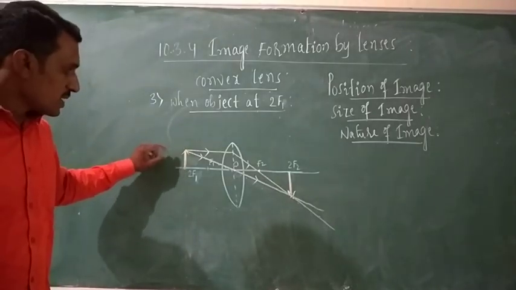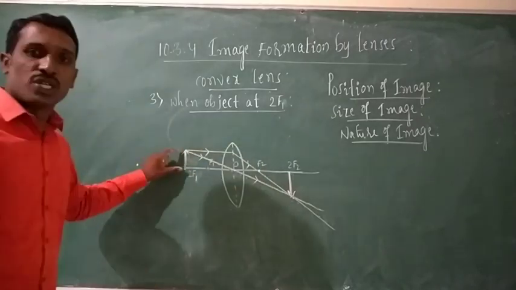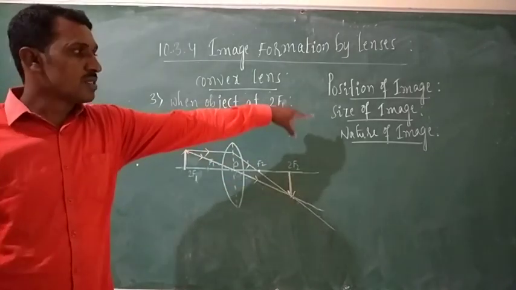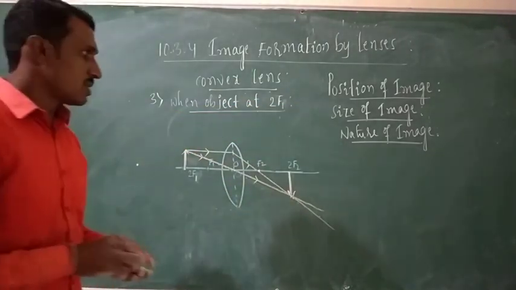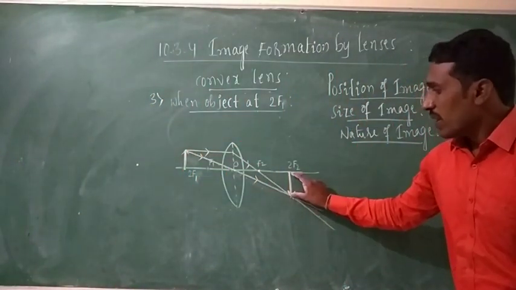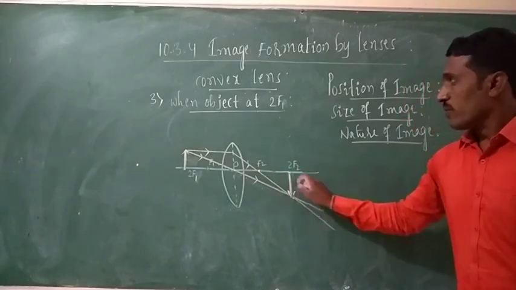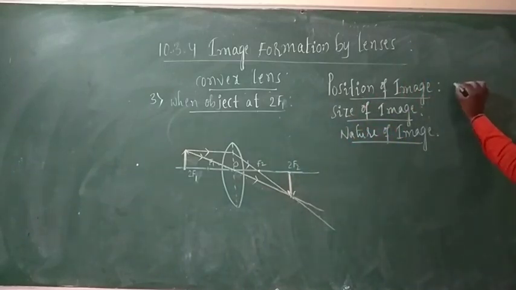Object is placed at 2f1. This position is 2f1. Shall we write position, size and nature of image? Students, where image is formed, this point is called 2f2. Position of image is at 2f2.